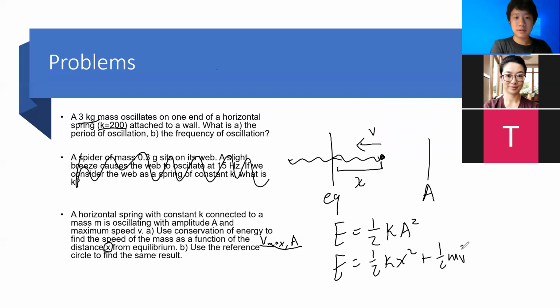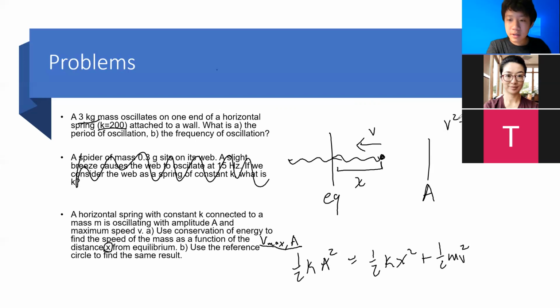Okay? So if we just set these two values equal to each other, and do a little bit of simplifying, we're going to get v equals the square root of k times a squared minus x squared, all over m.